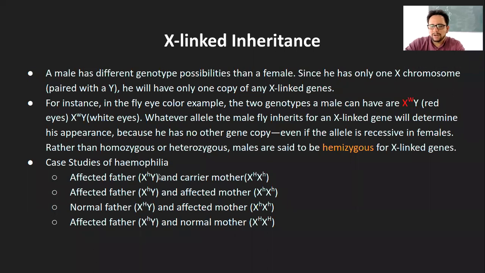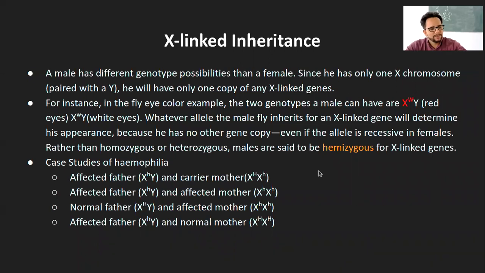What is most important is what are the possible combinations when you take affected father, affected mother, normal father, normal mother, or carrier mother, right? All these possible combinations. What are the possible outputs in terms of offspring that you will do as a homework in the Punnett square form and just write the phenotype. So I hope this part is clear what you have to do. If you have any questions, you can ask right now.